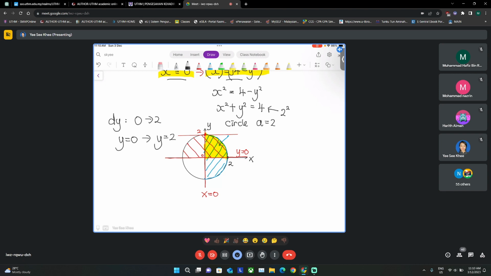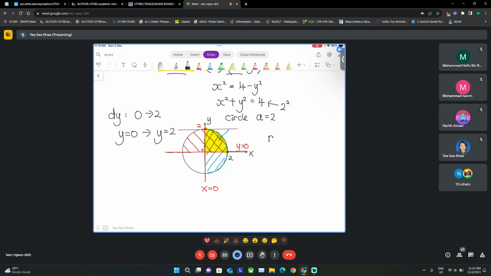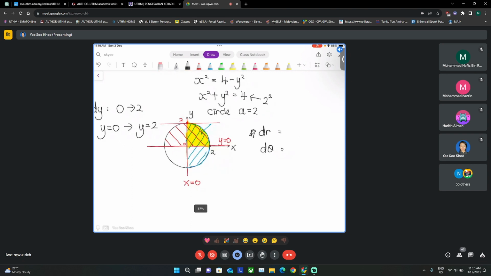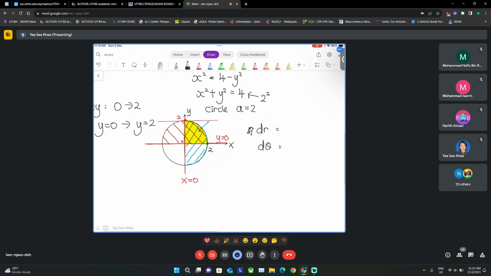When you look at this yellow region, it actually just refers to the first quadrant of this circle. And now you have to define the dr and also the d theta, because it is the cylindrical coordinate system. So you need to have the r and also the theta. Where is r? R is the radius. This is a portion of a circle, so the radius will be from 0 to 2.